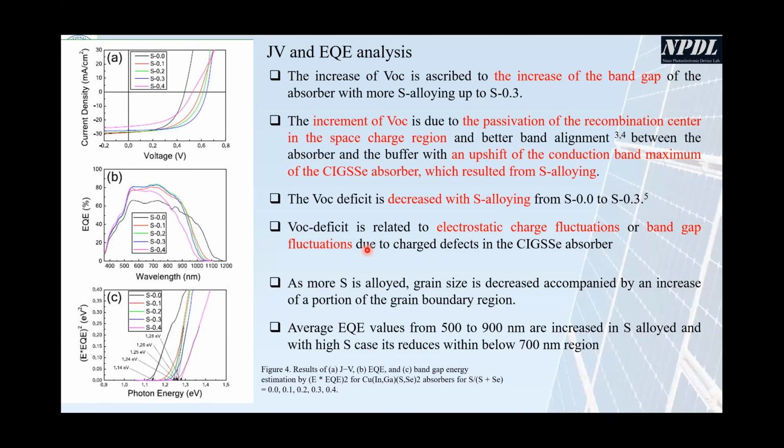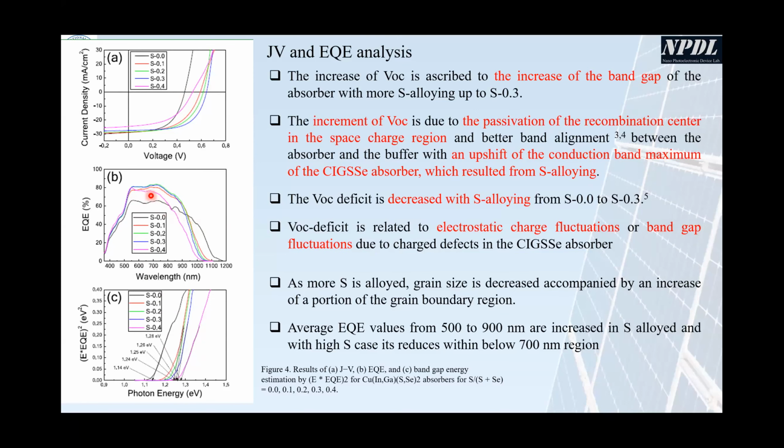And that's why we see that for the sulfur 0.4 case, the device band alignment is a little bit decomposed by some defect levels. And for the external quantum efficiency graph, we also see that below 700 nanometers the EQE curve is decreased, but all other cases were improved in the 500 to 900 nanometer range.